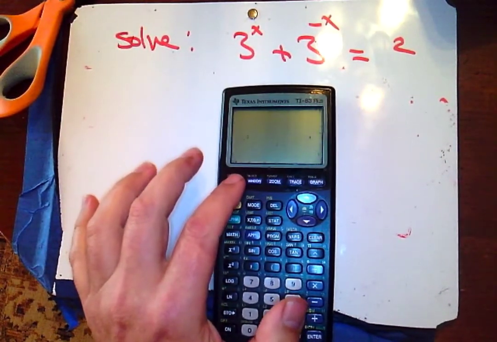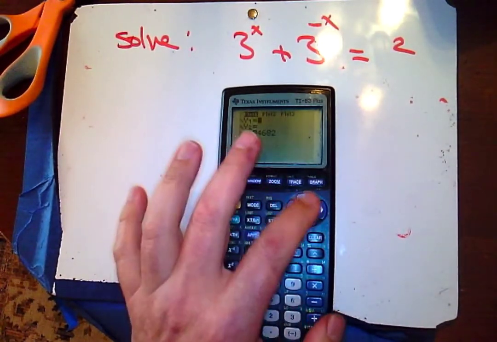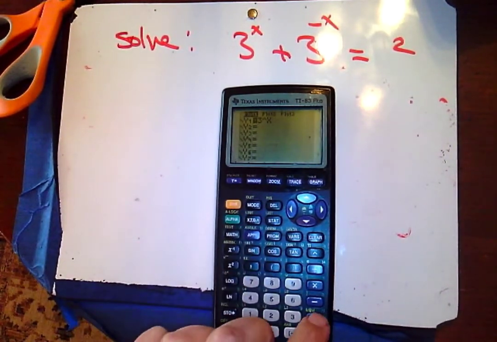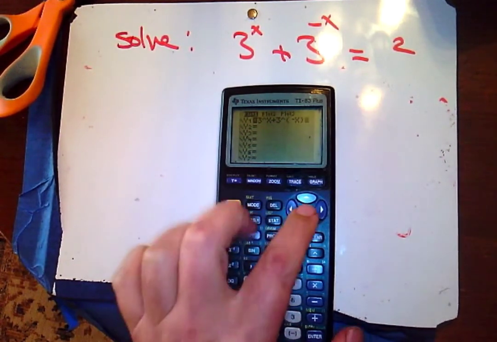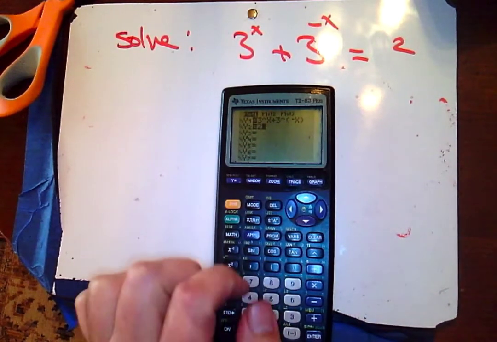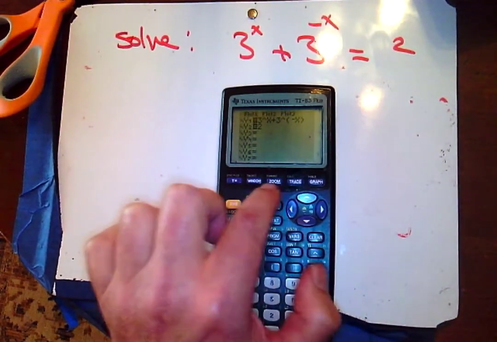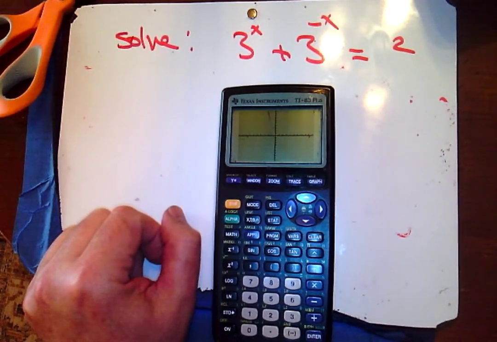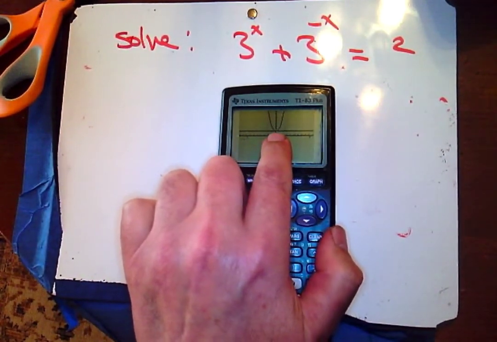So if I type in y1, 3 to the x power plus 3 to the negative x power, and then I graph the line y equals 2, I'm going to turn my stat plot off because we don't need that right now, and zoom standard. Did I graph the line too? There it is. Look, we only intersected at that place.